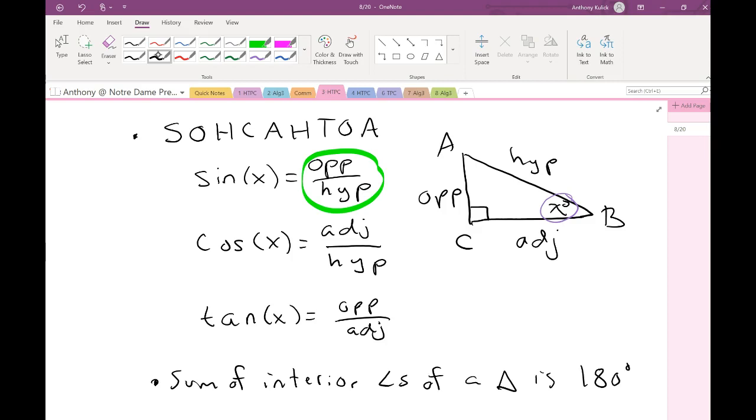What can we say about the maximum value for sine and cosine? Think about the relationship between opposite, adjacent, hypotenuse. Which one is always the biggest? Hypotenuse. So what are opposite over hypotenuse and adjacent over hypotenuse always going to be less than? 1. I should say less than or equal to. But yes.